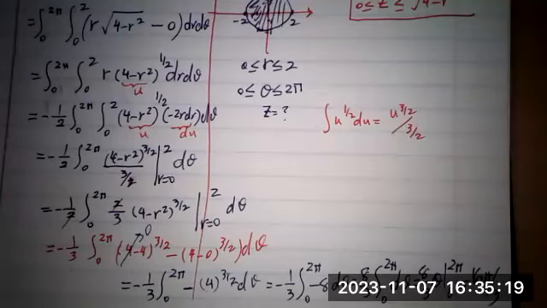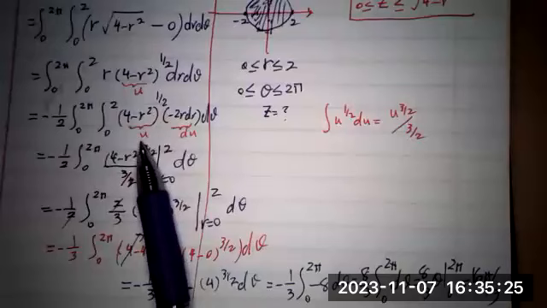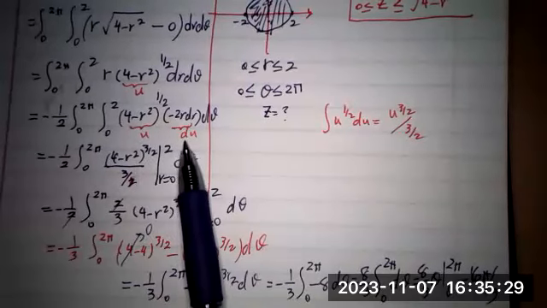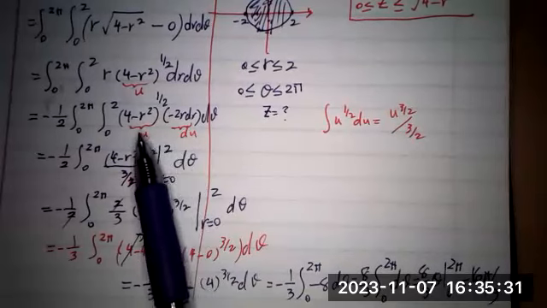I have a quick question, Professor. On the second step, we have an r in front of the u. Where does the r go after that step? You see, I did the u substitution. So u is 4 minus r squared. So I need the du. What is going to be du?